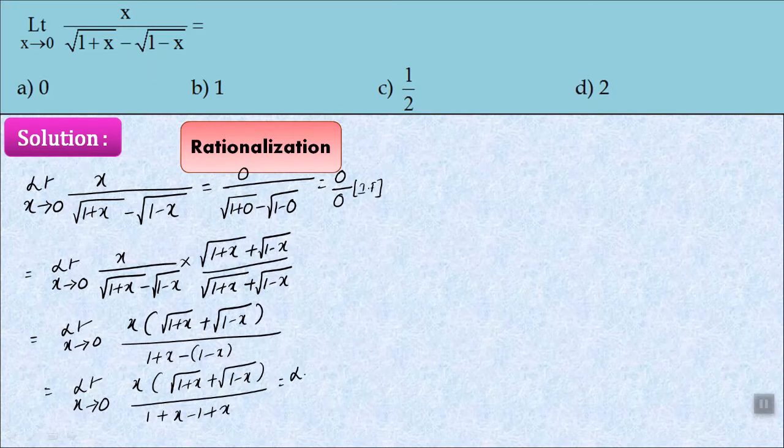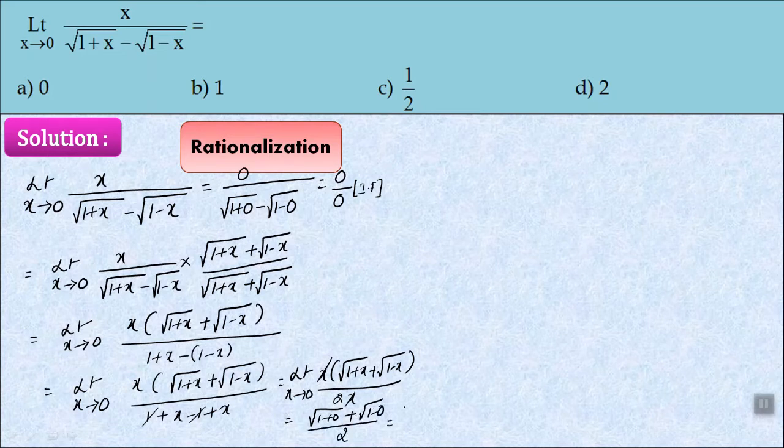This equals to limit x tends to 0, x into (square root of 1 plus x plus square root of 1 minus x) divided by here plus 1 minus 1 gets cancelled, x plus x, that is 2x, x gets cancelled. Now substitute the limit here, root of 1 plus 0 plus root of 1 minus 0 divided by 2. This equals to root 1 is 1 plus root 1 is 1 divided by 2, that is 2 by 2 is 1.